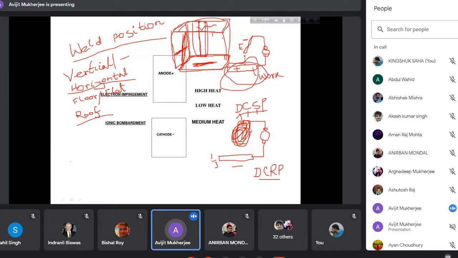And now the AC power source, alternating current power source. We are tapping power from the bus line, from the main cable, where the voltage is very, very high, and that voltage can't be utilized.